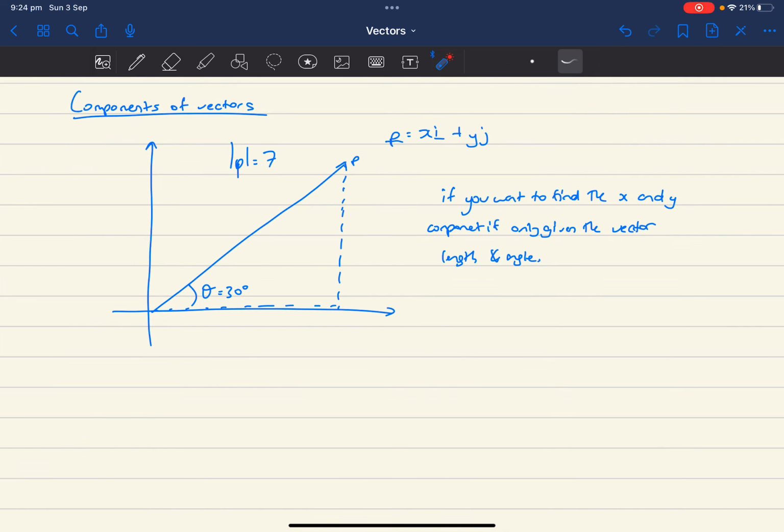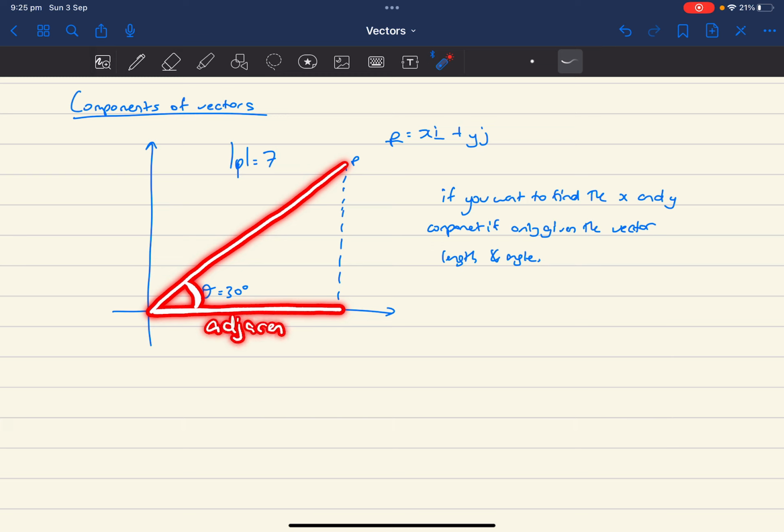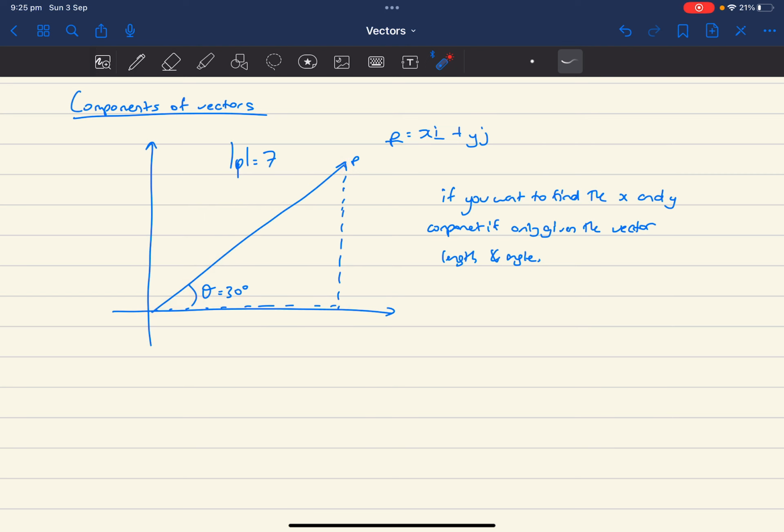So if you just think of regular trigonometry, you can see to find the x, this is my adjacent, this is my hypotenuse, and this is my angle, right? Adjacent and hypotenuse. And remembering that cos theta is adjacent over hypotenuse, right?